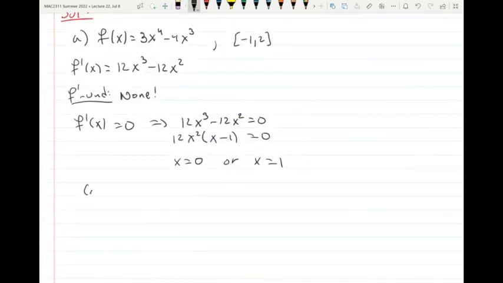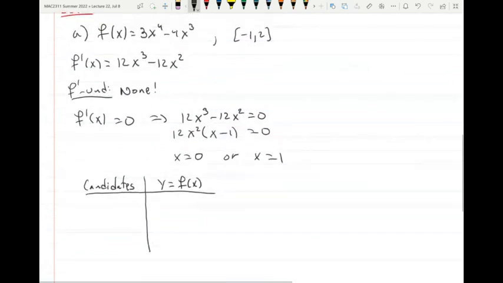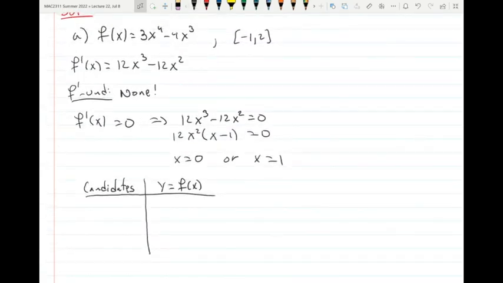So now we make a little table with candidates, and then y equals f of x. We'll find the y value of these numbers. What are the candidates? The candidates are 0 and 1, those coming from the fact that the derivative is equal to 0.